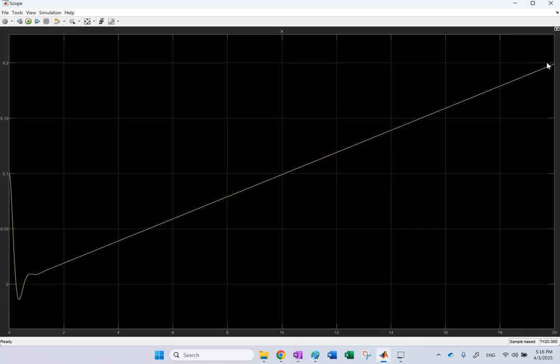Okay? Now, of course, the slope of this one is not going to be 1. If you look in 20 seconds, it only goes to 0.2. So the slope here is something like 0.01, not 1. But it is showing the ramp behavior.